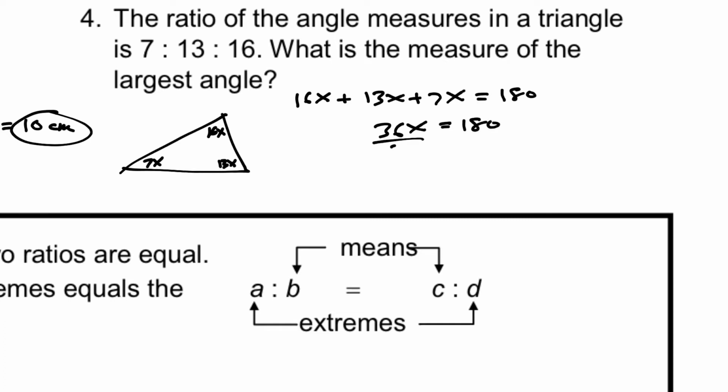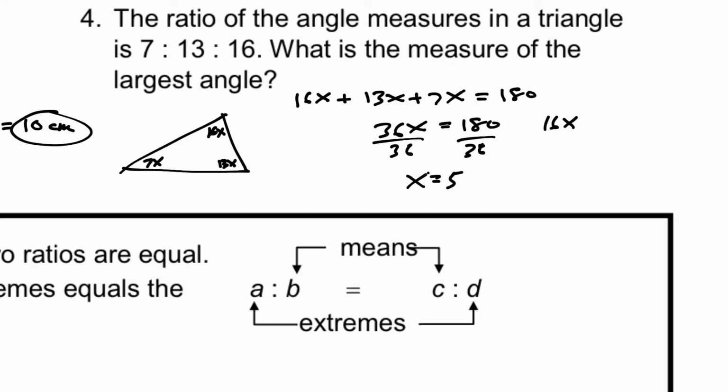And then I'm going to divide both sides by the number out in front of the variable, and I'm going to get x equals 5. But again, I'm not done. I found x, but I need to find the measure of the largest angle. Well, the largest angle would be 16 times x, so that's 16x.